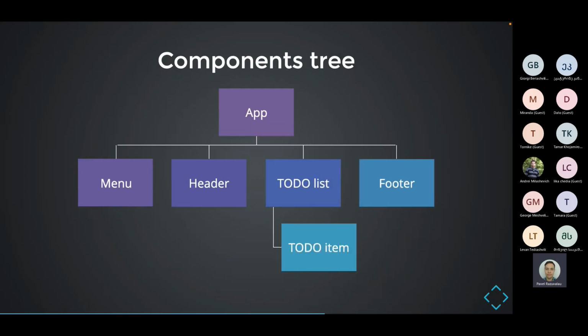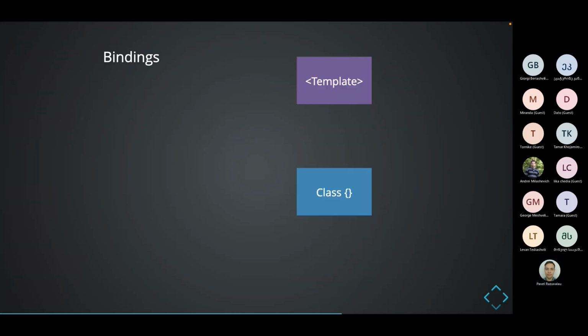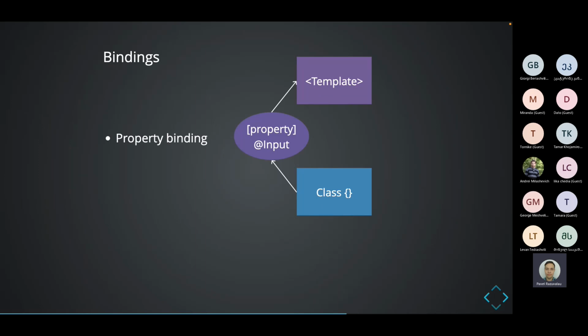This is how our components tree looks when we performed the decomposition of our application. And a brief look at the bindings. So the property binding allows us to pass the data from the class properties to the template.